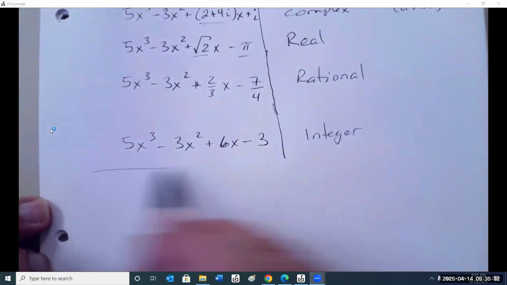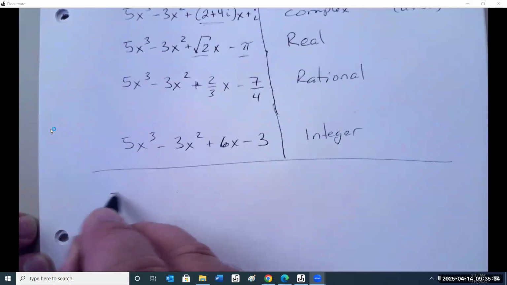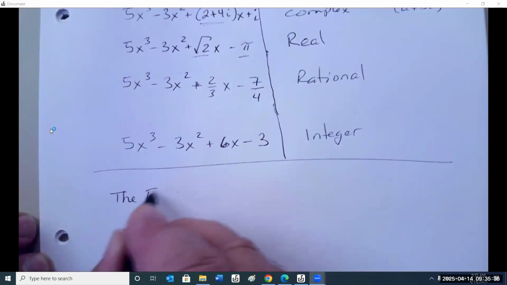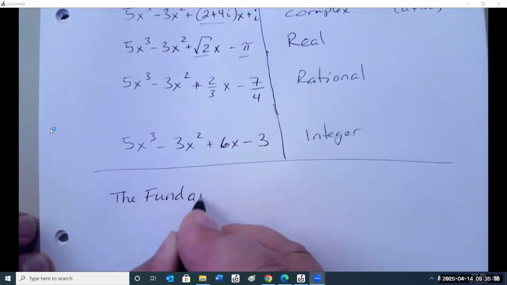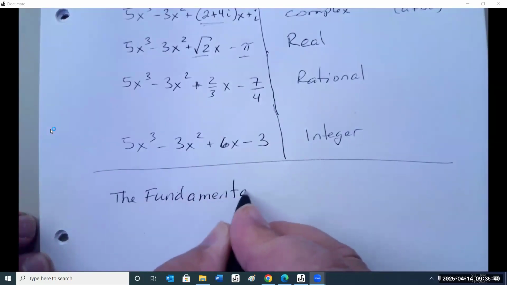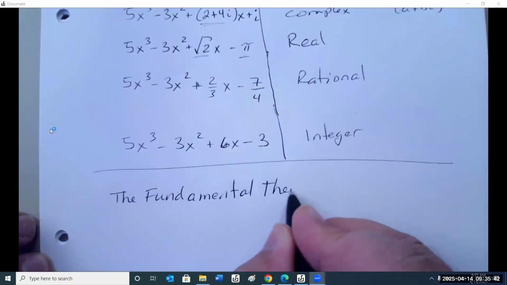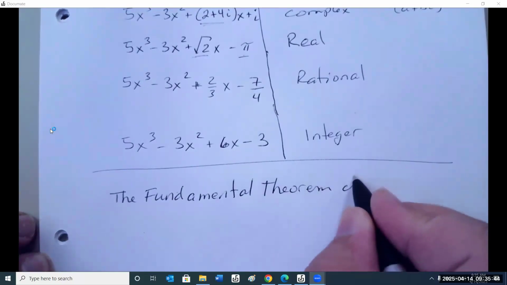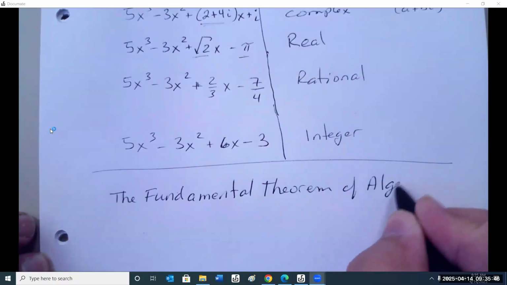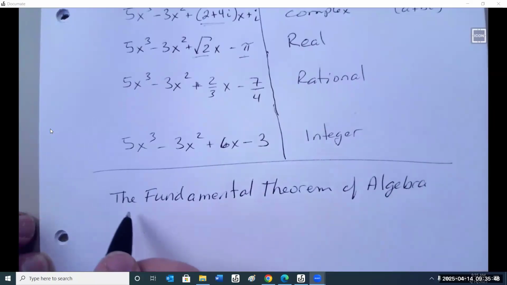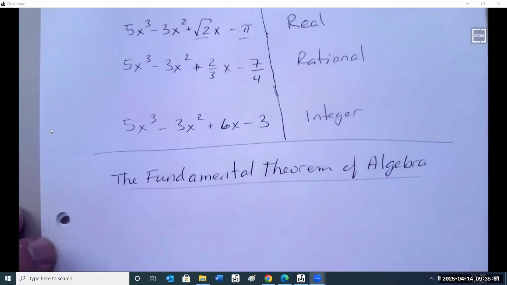Which brings us to the fundamental theorem of algebra. This is what we're looking for.